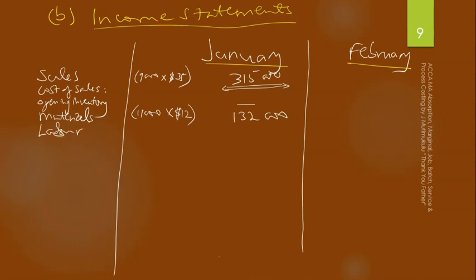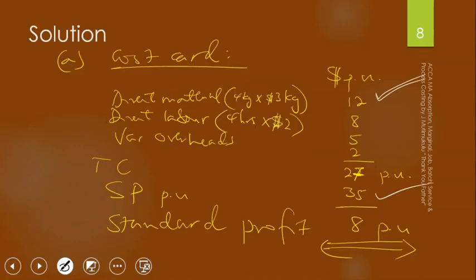The labor cost which we incurred. We are still going to use the same quantity of units produced, which is 11,000, multiplied by the labor cost per unit of items produced.